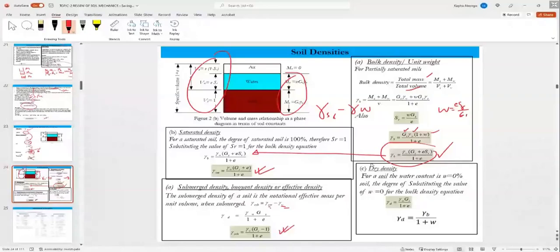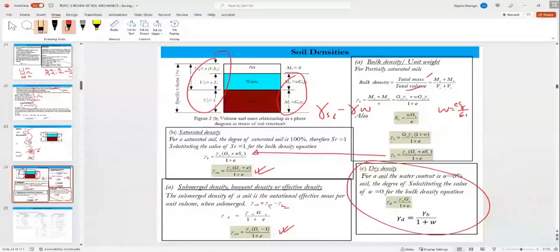The dry density. That means there's no water, and the water content is 0. If you come back to this equation here, let me just clean up the board.